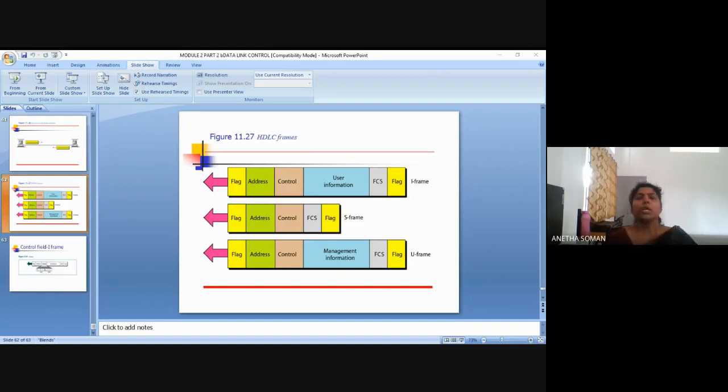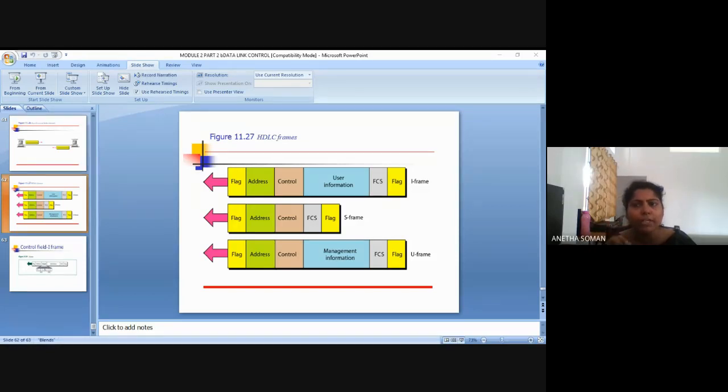Okay. So let me summarize today's topic. We were dealing with a bit-oriented protocol that is meant for half duplex as well as full duplex communication in a point-to-point as well as a multi-point link. That is nothing but the high-level data link control protocol. You can have different modes of communication: one is the normal response mode and the other one is the asynchronous balanced mode.